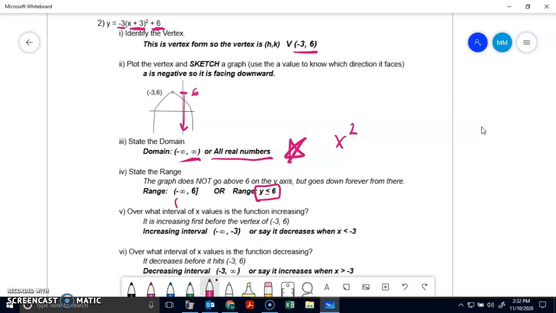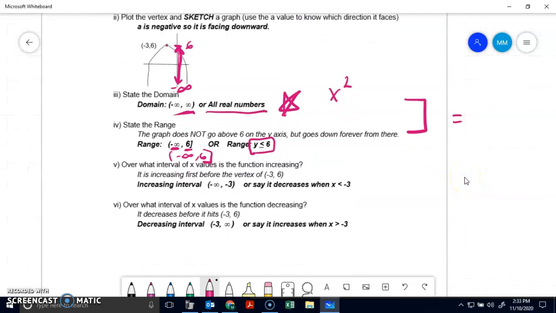Or you could say it goes from negative infinity on the y-axis up to 6. From negative infinity is the lower boundary, up to 6. And notice the brackets, because it's including 6. 6 is part of the graph. It's this point right here, so it does include 6. Remember, brackets are the same thing as saying that something is equal to.